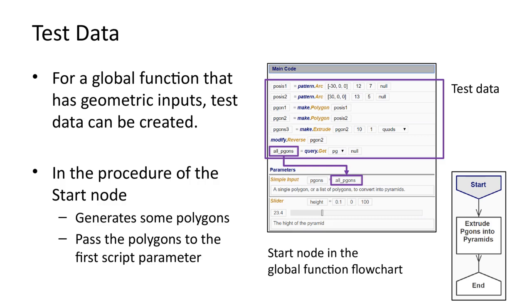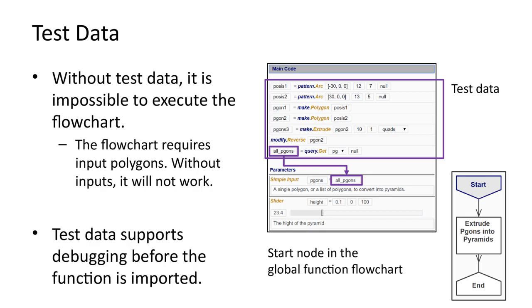These polygons are then used to set the value of the first script parameter. Without this test data, it would be impossible to execute the flowchart. The test data allows you to develop and debug the script. Note that the procedure in the start node can write to script parameters. For all other procedures, script parameters are read-only.